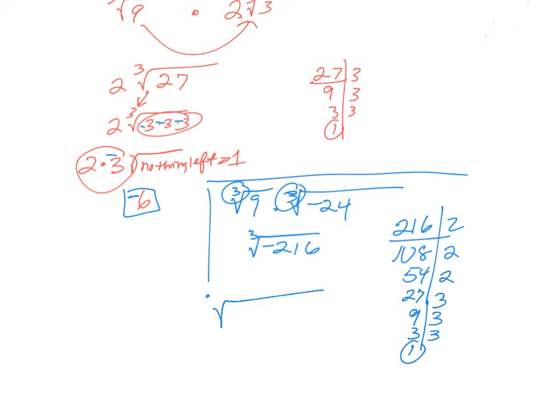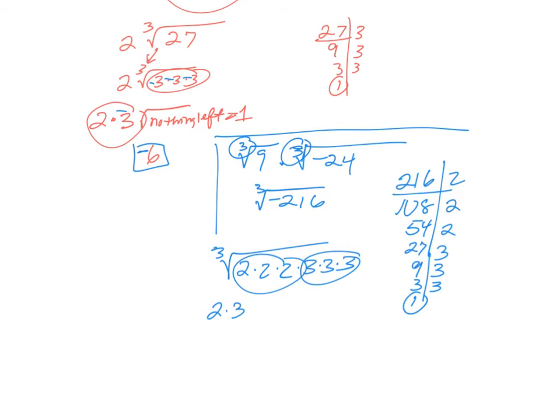So the cube root of 216 is 2 times 2 times 2 times 3 times 3 times 3. And we can take out a 2 and a 3. So that's 2 times 3, which is 6.